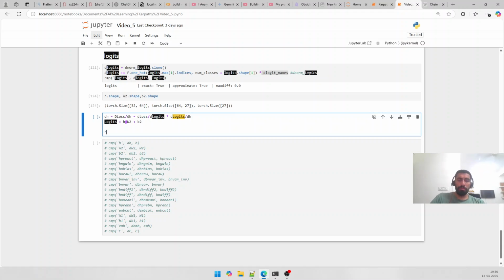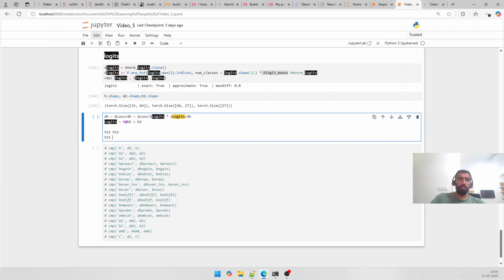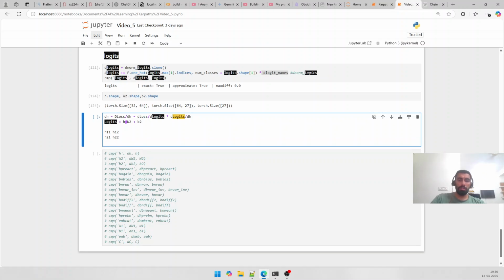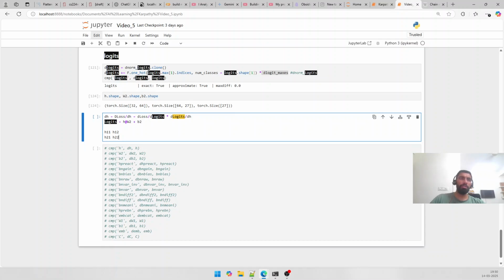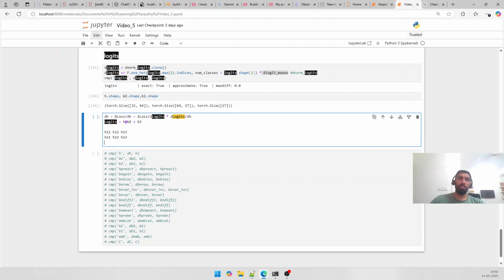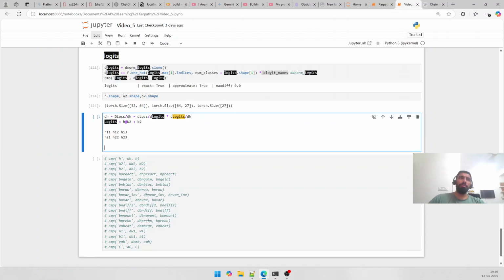So h11, h12, h21, h22, two rows, 3 columns, sorry, h23, h13. So that is h. And w has to be 3 cross 2, right?